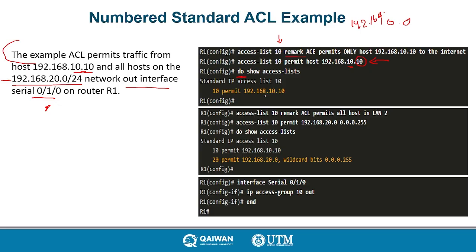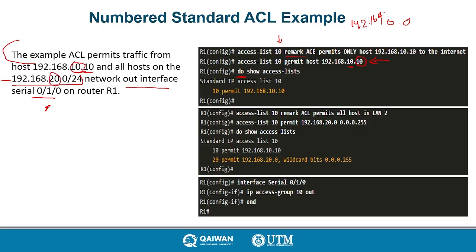Now we also have something else. We are inside R2, and we have access-list 10 remark permit all hosts in LAN 2. For example, here this one is LAN 2, and let's say this is LAN 1.